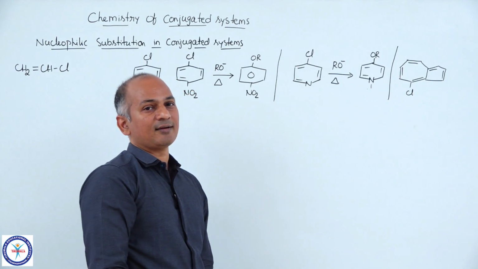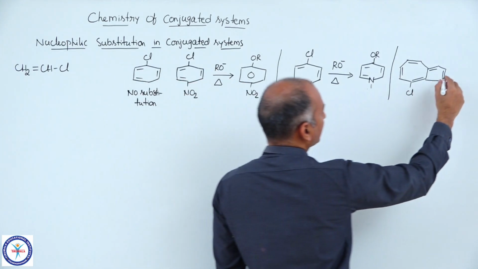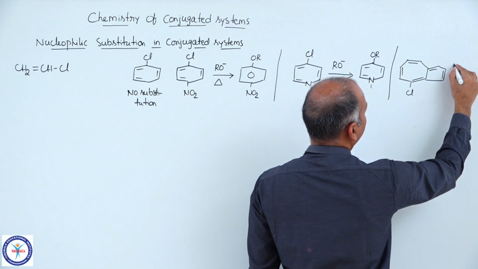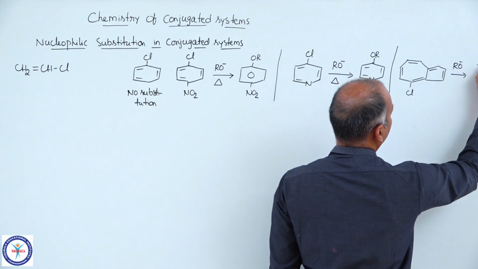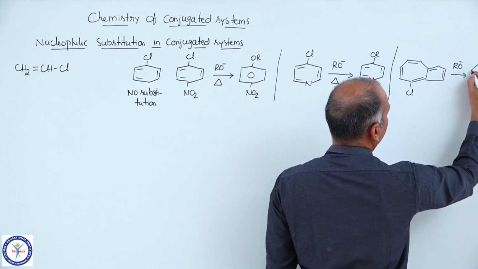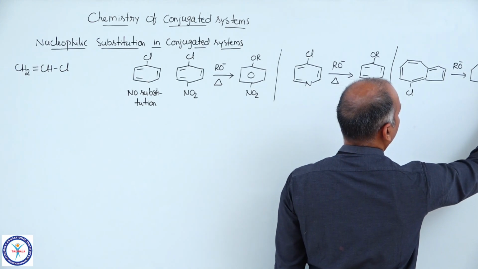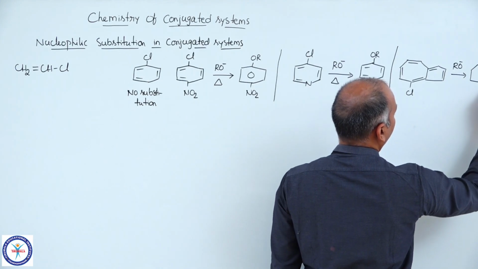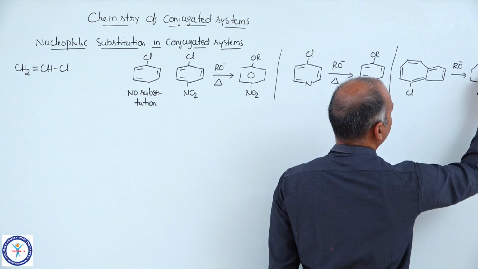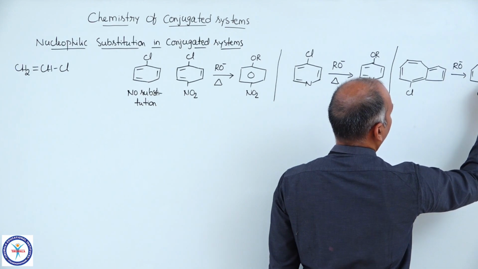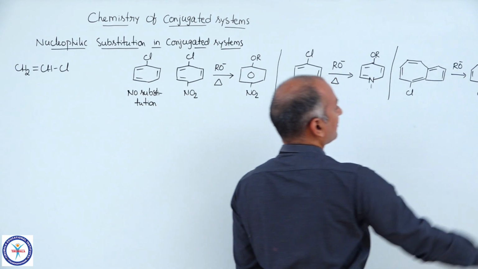That is also vinylic type of halogen. But when you treat this compound with OR minus, yes, there is a reaction, and in the place of Cl, OR comes, with double bond, double bond, double bond, double bond and double bond.